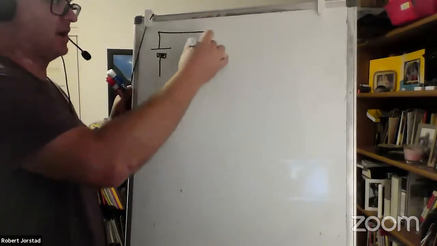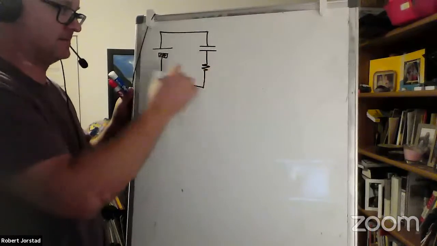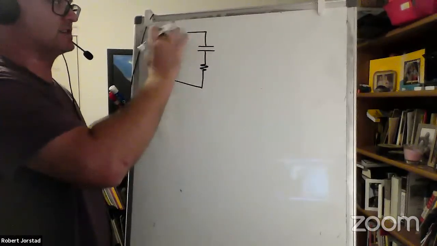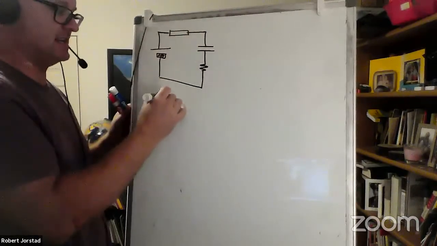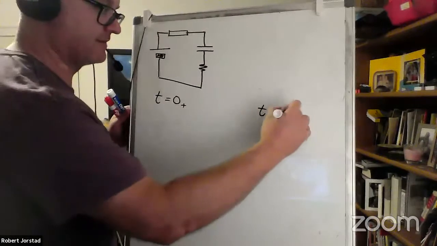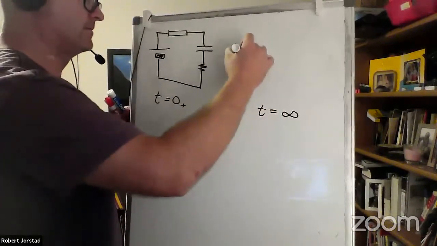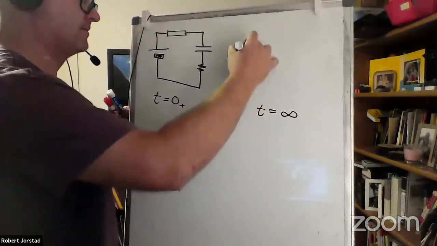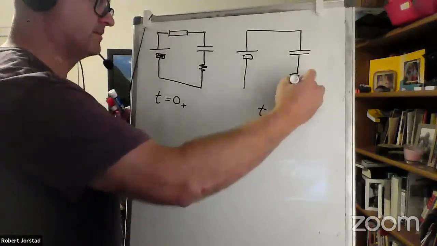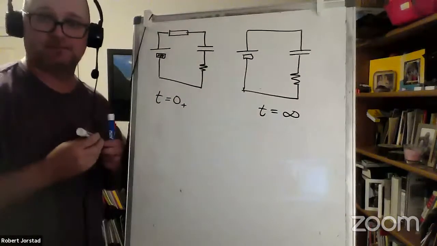Let's say we had an RC transient. Okay, and there's a switch. And let's say I close the switch, and this is t equals 0 minus. Here's t equals 0 plus. t equals infinity. Give me a second. Okay.